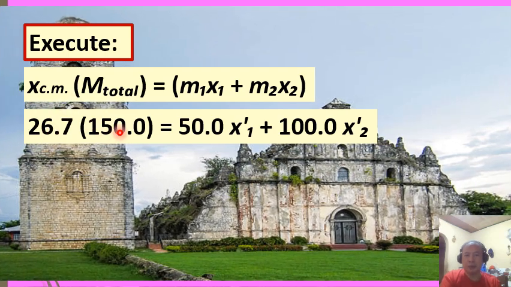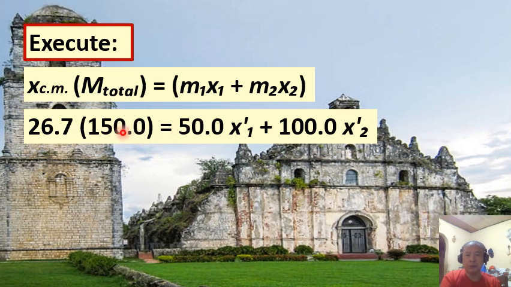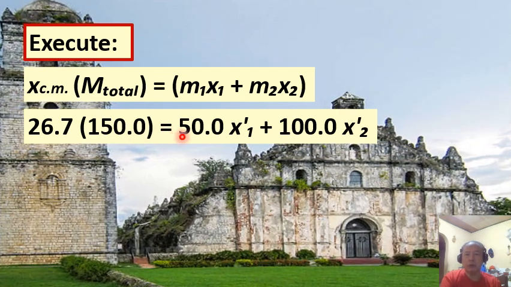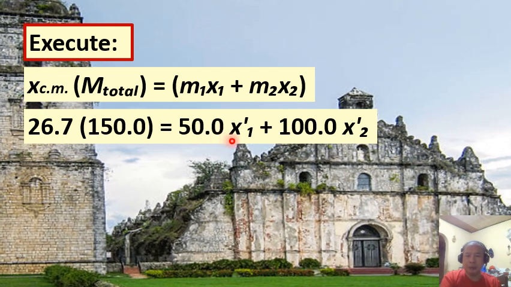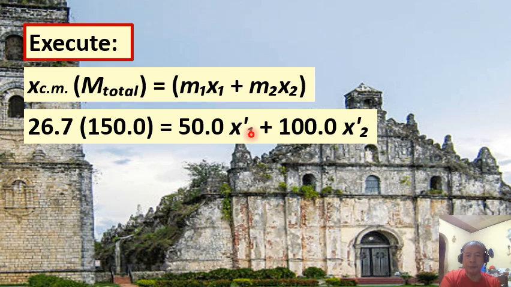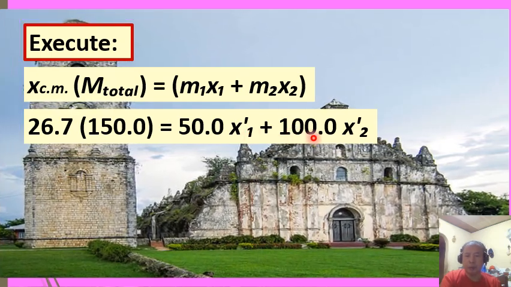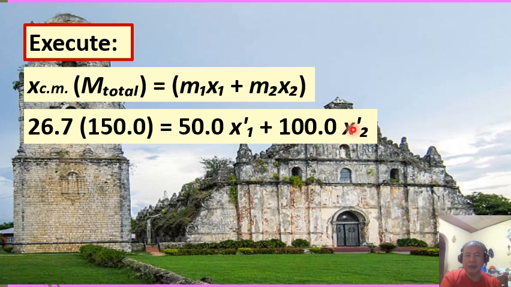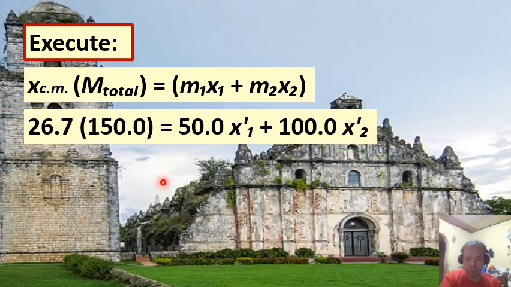So when that is multiplied by the total mass, 150.0, their product will be equal to the mass of sphere number 1, 50.0 kilogram, multiplied by x prime 1, and then plus mass of sphere number 2, 100.0 kilogram, multiplied also by x prime 2.